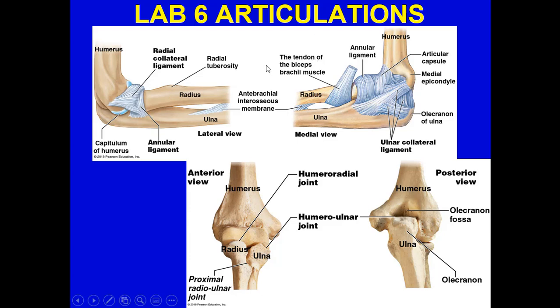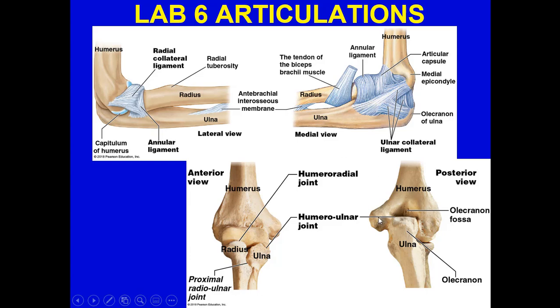Then what we have is the tendon of the biceps brachii. The annular ligament is wrapped around the radius. This is going to add further stability. You have the articular capsule, you have the medial epicondyle, and the ulnar collateral ligament here and here. Okay? This is the olecranon. The anterior view.